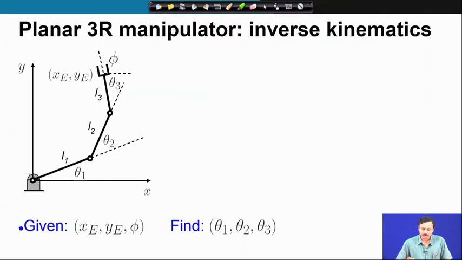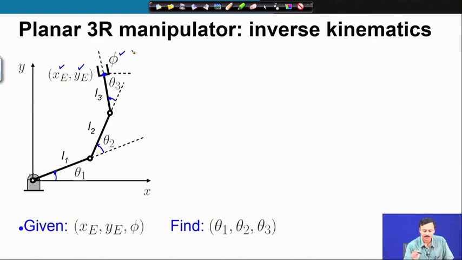Now, the inverse kinematics problem. Once again we have these angles theta 1, theta 2, theta 3, which are now unknown, but what is known is the location of the end effector, that means x e and y e, and the orientation of the end effector phi.